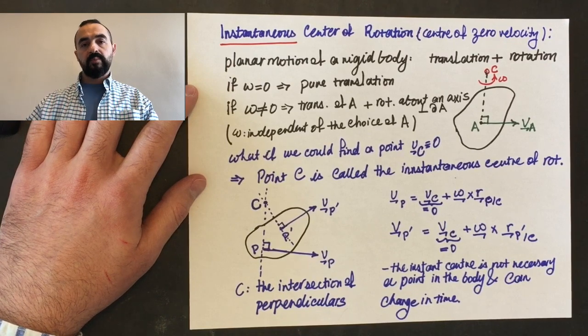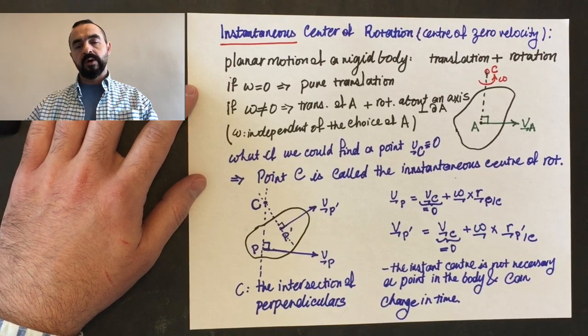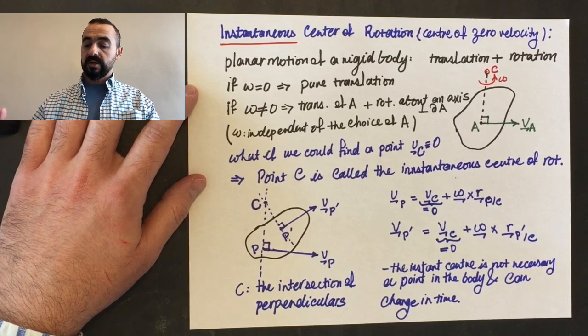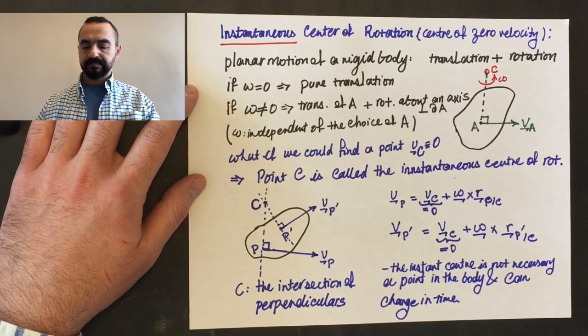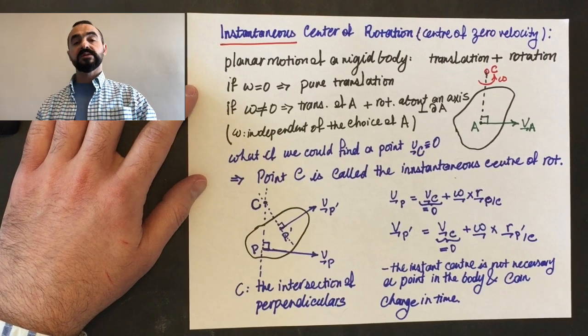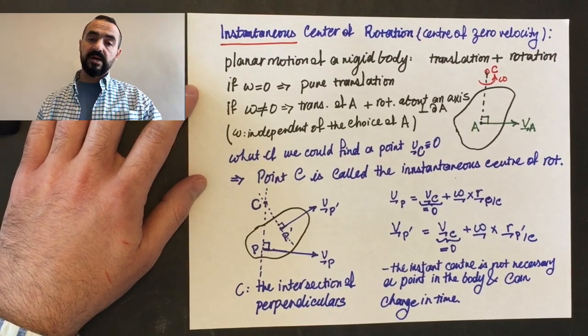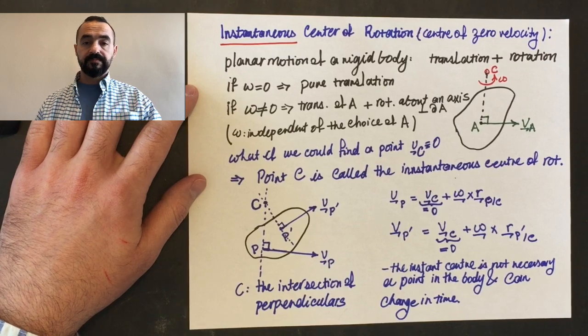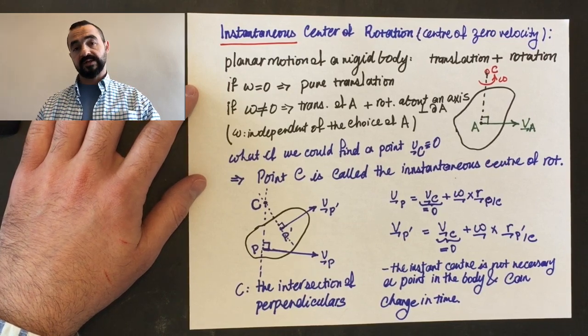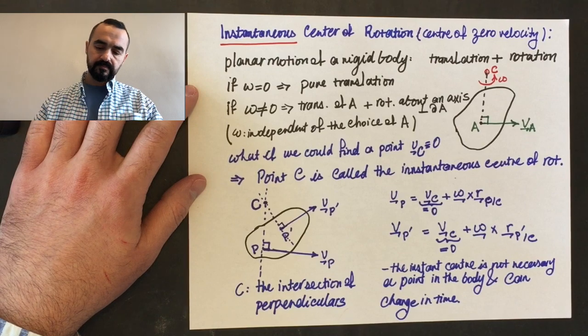If you think about a pendulum in planar motion, that body has a fixed center of rotation. But in this case, we are talking about an instantaneous center of rotation. It means that over time, this instantaneous center of rotation moves. So it's not a fixed point, it's instantaneous.